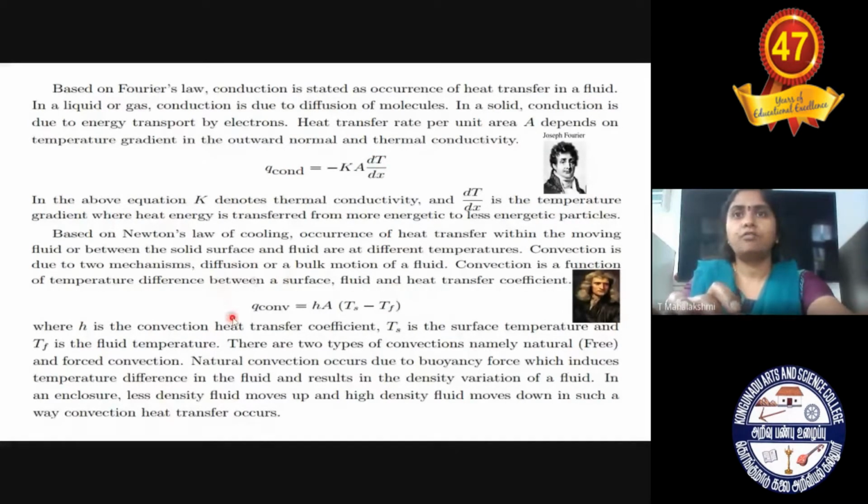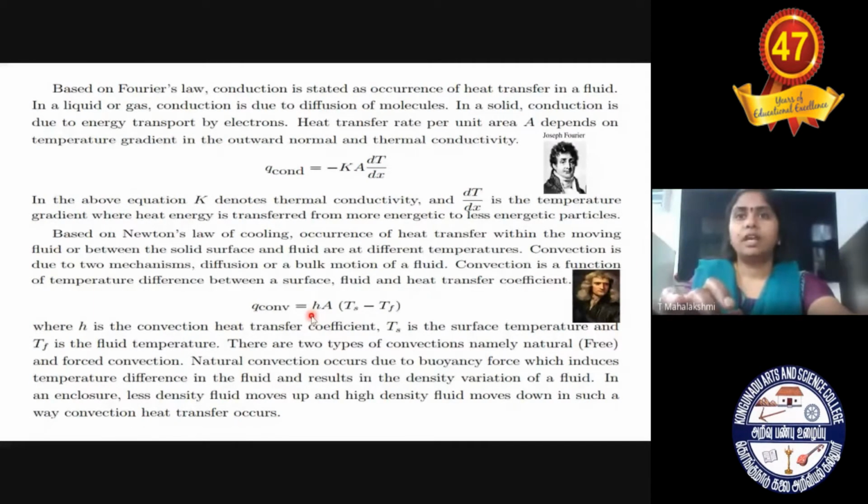Now we can see the convection mode of heat transfer. Convection is nothing but the bulk motion of the fluid inside the enclosure. So convection is equal to hA into Ts minus Tf, which means convection is the product of three terms.